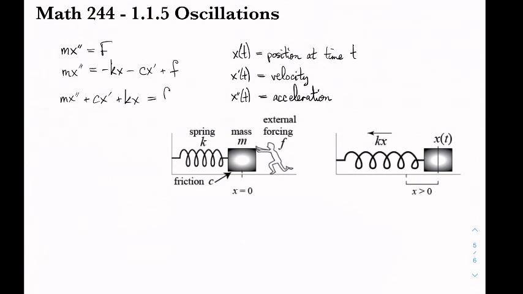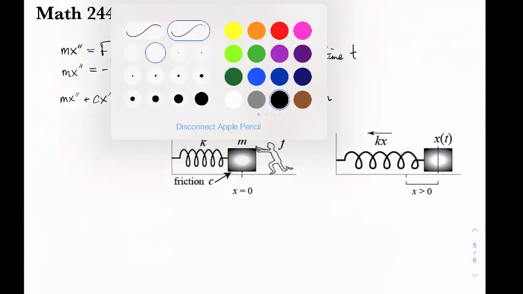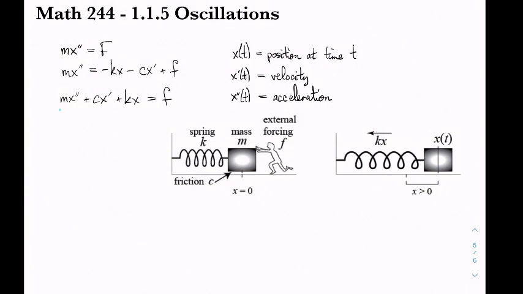You can see I've grouped it so that all of the instances of the dependent variable appear on the left, and all the stuff that doesn't include the dependent variable is on the right. Although it is beyond our ability at present, we will see that the solutions to this equation are of the form e to the at cosine bt or e to the at sine bt.